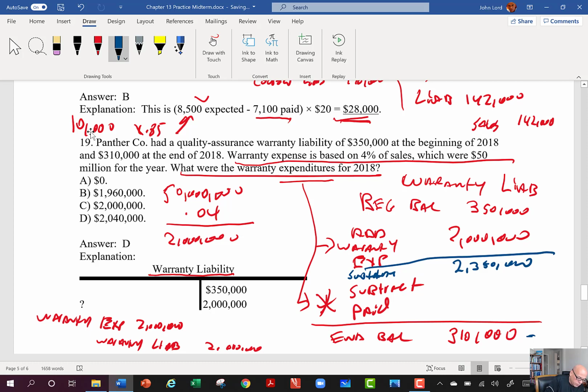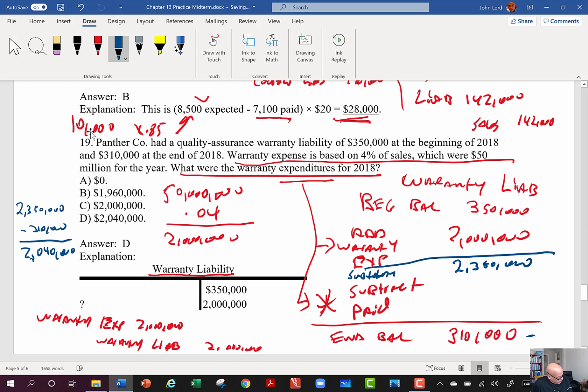So I do a little side calculation. If you start out with 2,350,000 and you subtract from that 310, then that difference becomes 2,040,000.